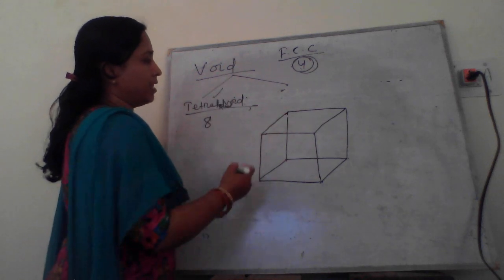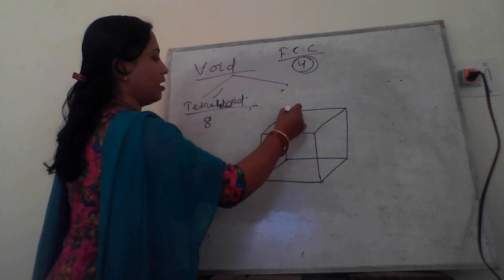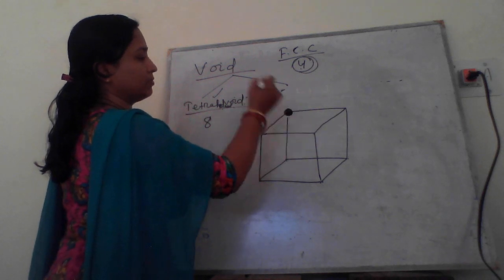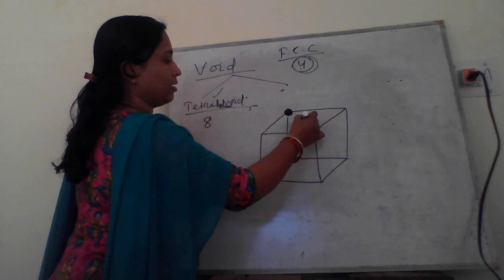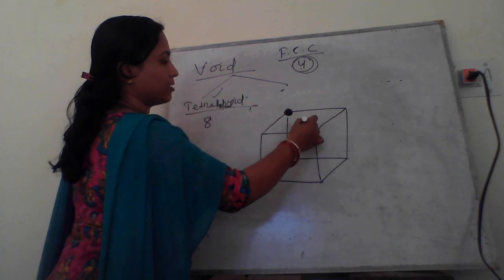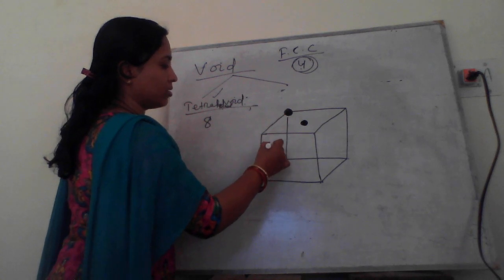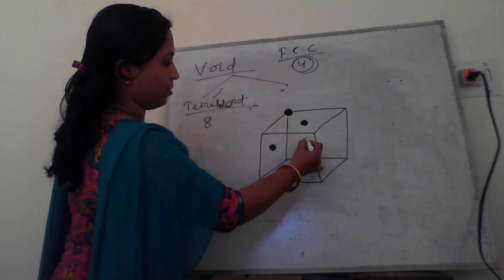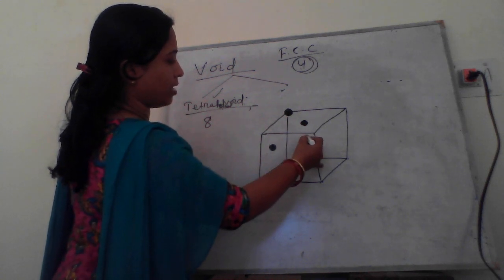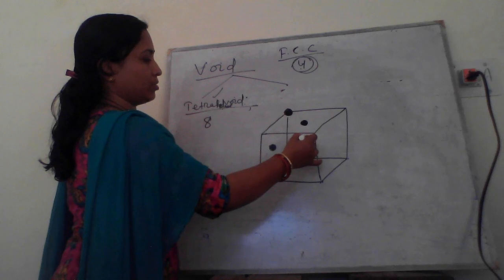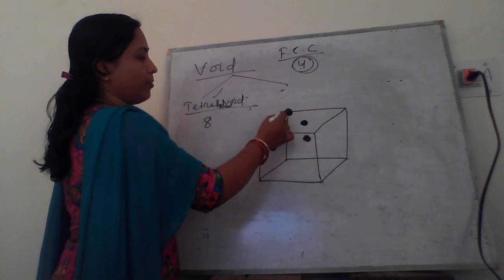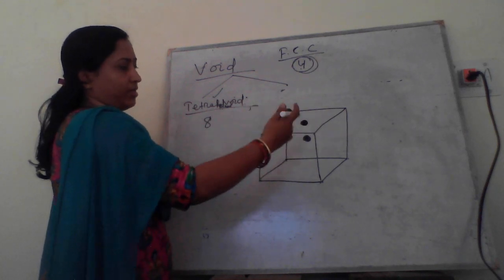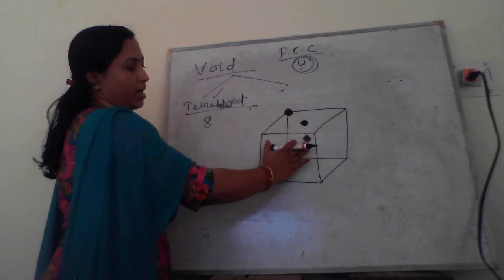here is the unit cell. Suppose here is one atom at the corner, then here is another atom at the face center, and this is also another atom at the face center, and suppose this is the back face of this unit cell. So 3 faces and 1 at the corner. This corner touches 3 faces simultaneously, 1, 2 and 3.